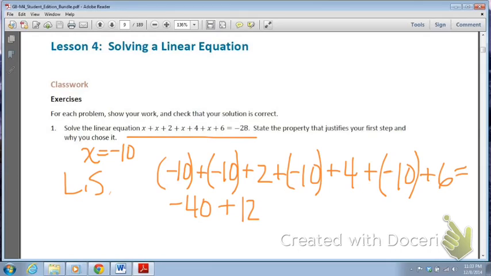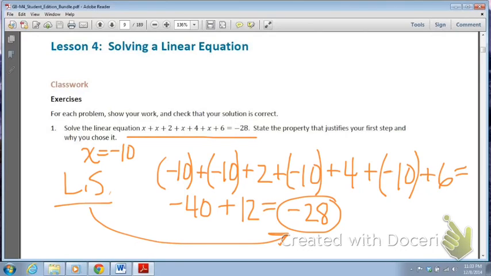Negative 40 plus 12 is equal to, I'm going to need to subtract these. My answer is going to be negative, and 40 minus 12 is 28, so negative 28. So the left side is negative 28, the right side is negative 28, so my solution checks out.